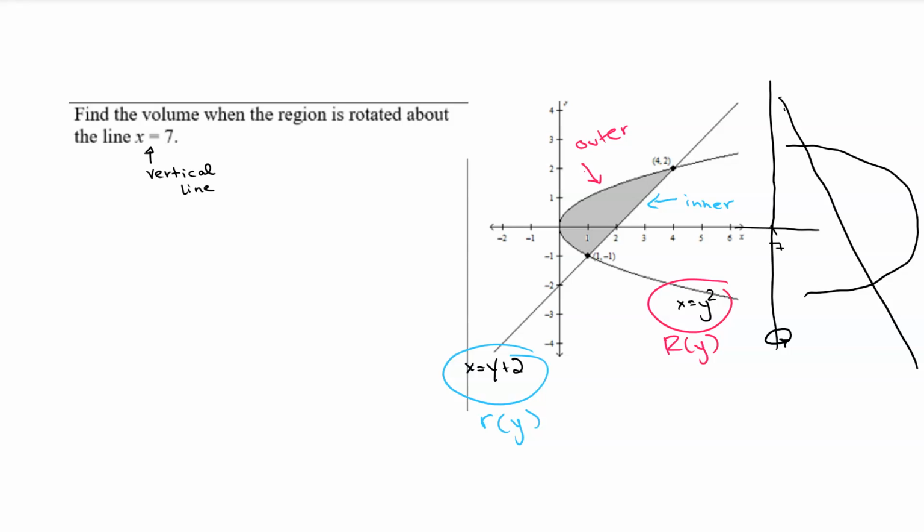So our volume, pi times our, now we're looking in terms of y. So we're looking at what are those y values that bound my area. So I've got c and d, -1 and 2. All right, just a tip.